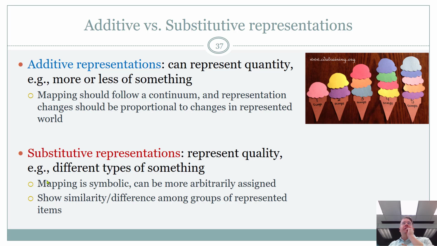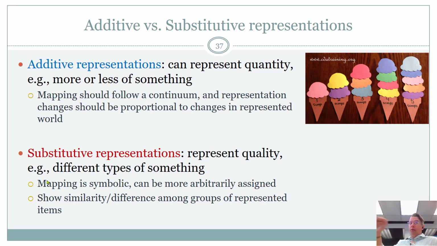If I instead used the darkness of shading, so I could say UT is light gray and A&M is dark gray, and Texas Tech is black, that would be misleading, because we have qualitative data differences and we're representing them with something that is closer to an additive representation.